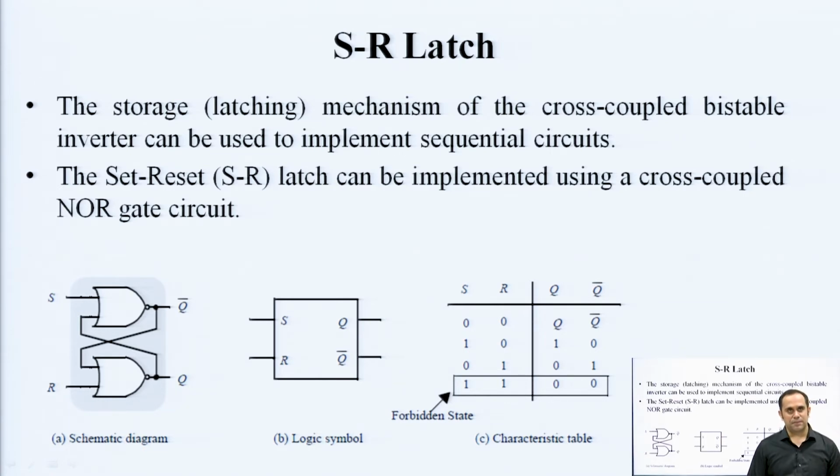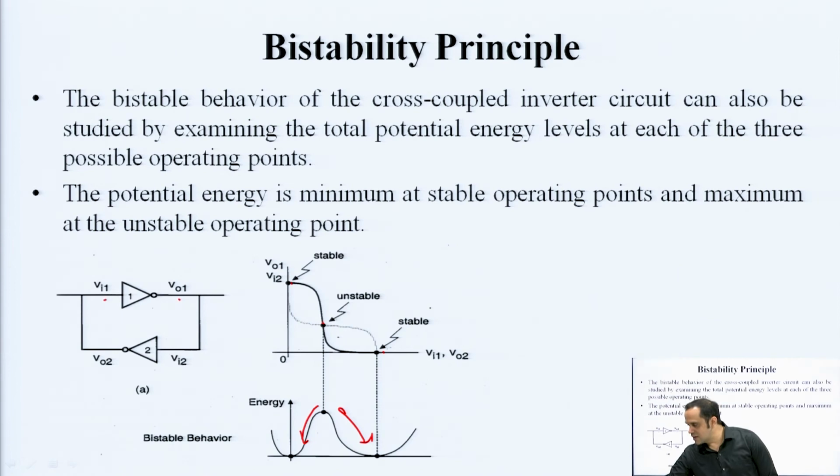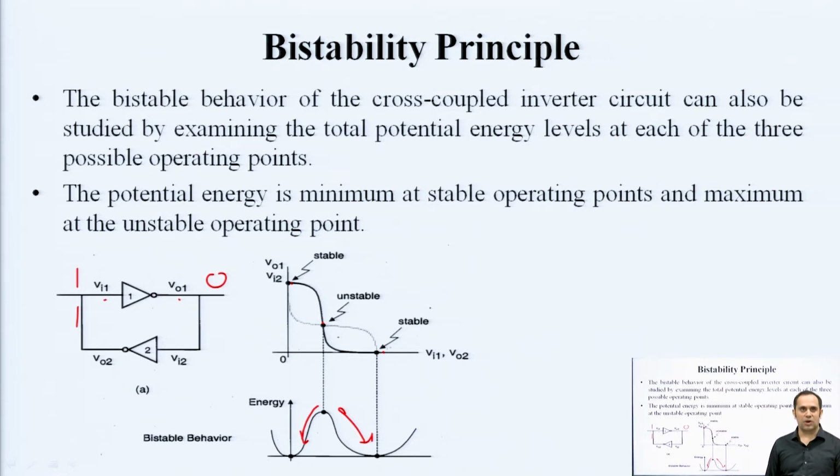If you look at the bistable circuit again, if VI1 was 1, you would obtain a 0 here and you will again get a 1 back. So, logic 1 is being stored or latched onto. If you had a 0 to start with, you will get a 1 here and then you will again get a 0 here. So, 0 is being latched onto. So, this cross coupling connection is actually doing nothing but a latching operation, it is storing the data for you.